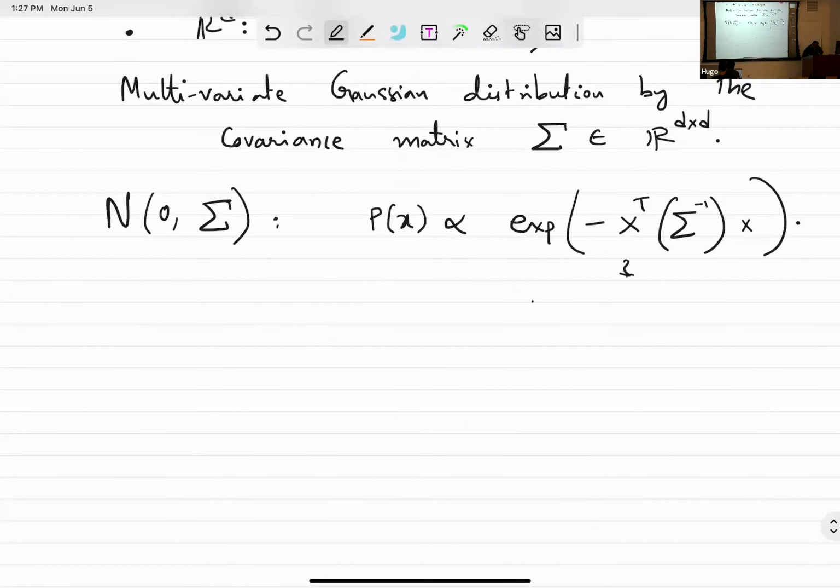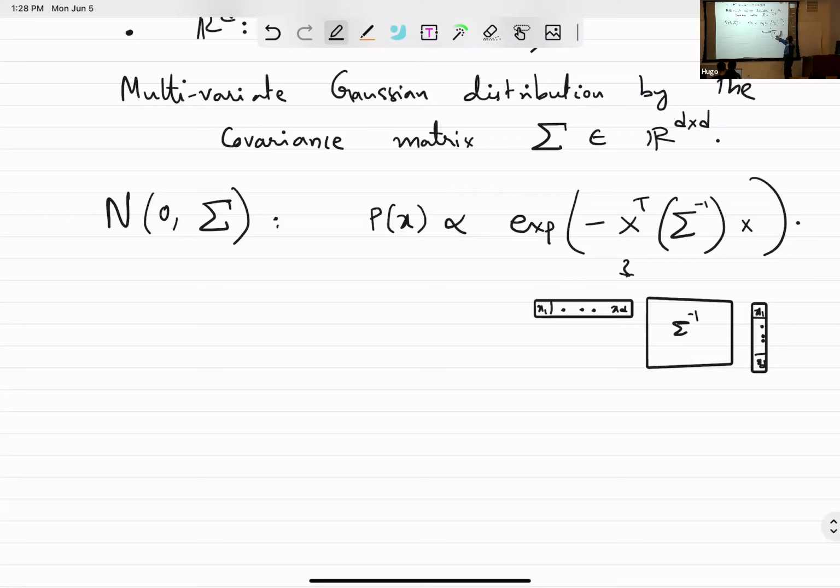Right? So you have X transpose is a vector like this, and then sigma inverse is a matrix, and then you multiply all of these things, you get a scalar which is going in.